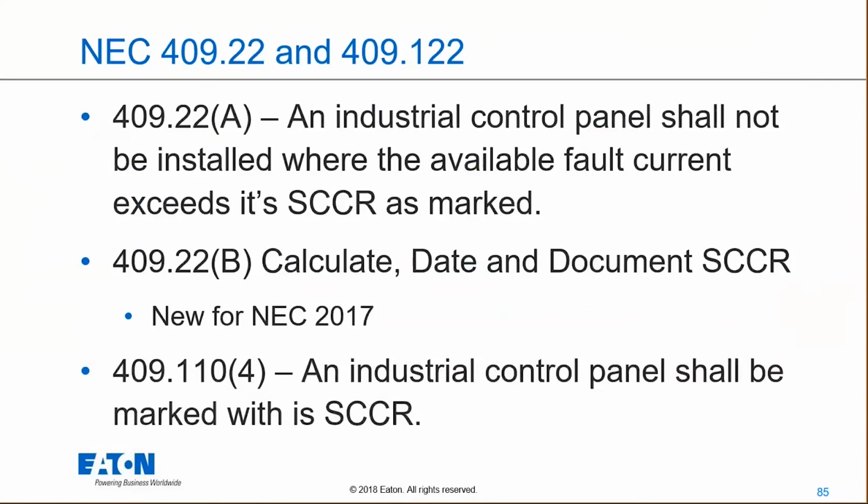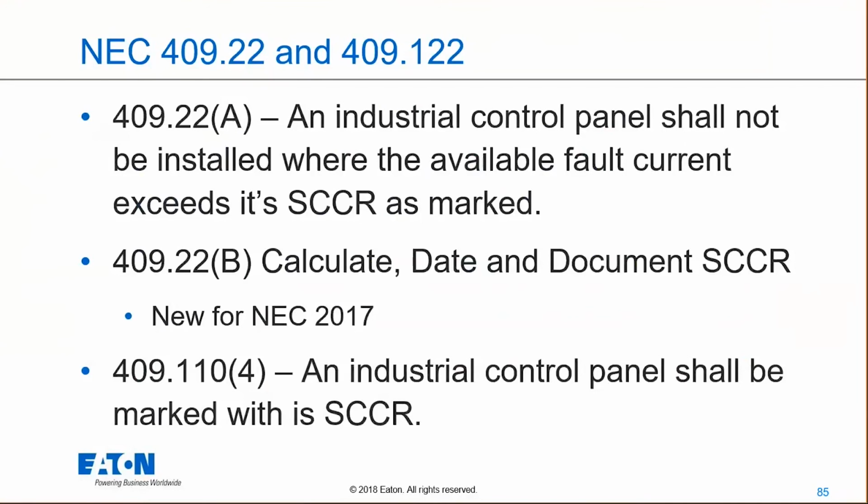So I can't put it in here. 409.22(B) takes it a step further in NEC 2017. 409.22 showed up earlier, I think in 2014, but 409.22(B) came into play for the National Electrical Code in 2017. That basically says you have to calculate, date, and document what your available fault current is when you go to install your equipment.